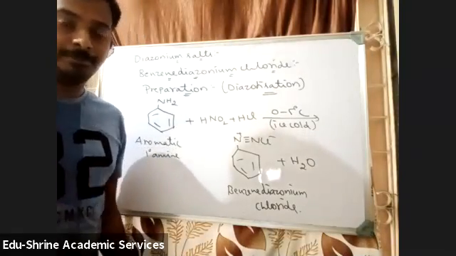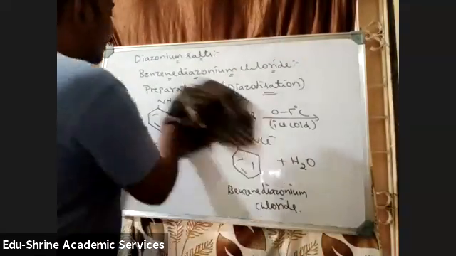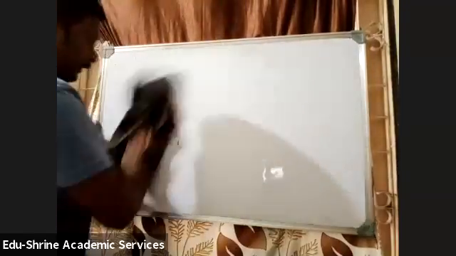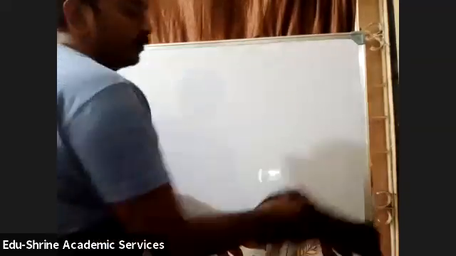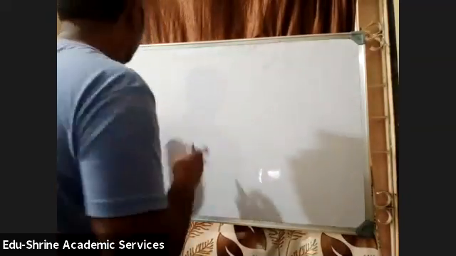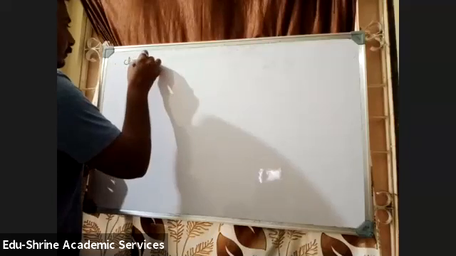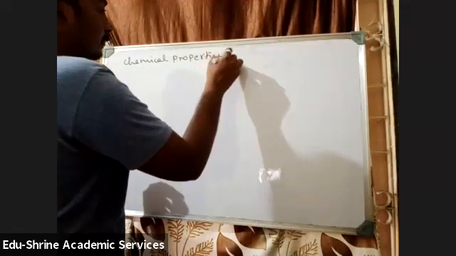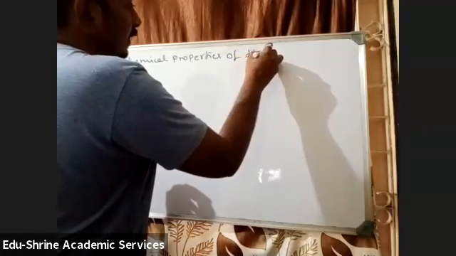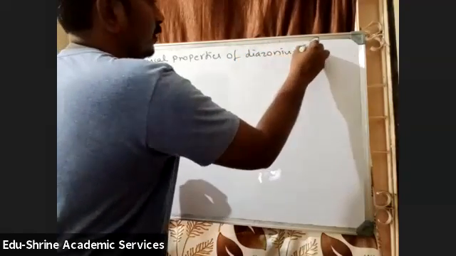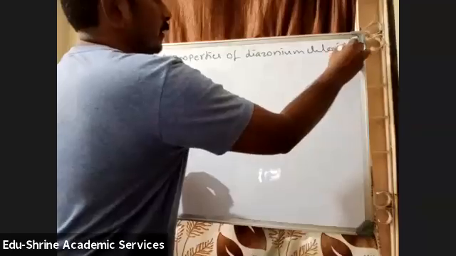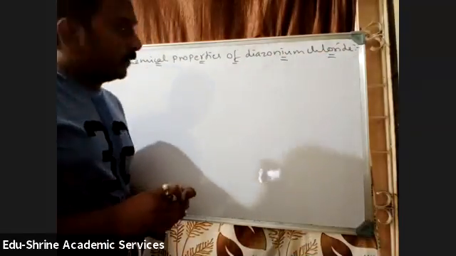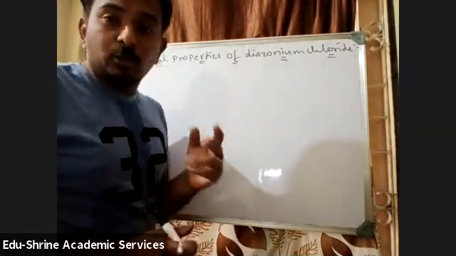Completed? Next, coming to the chemical properties of diazonium chlorides. In diazonium chloride, there are two types of properties.